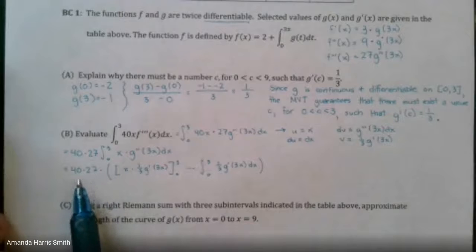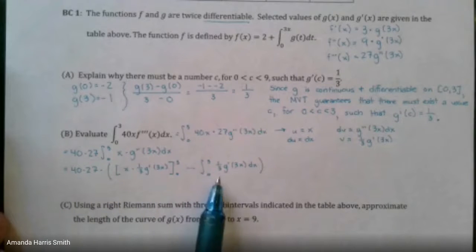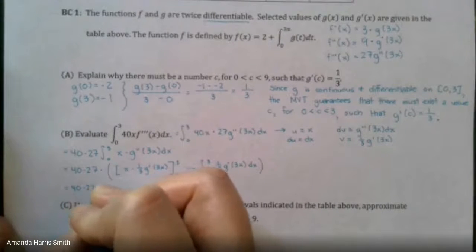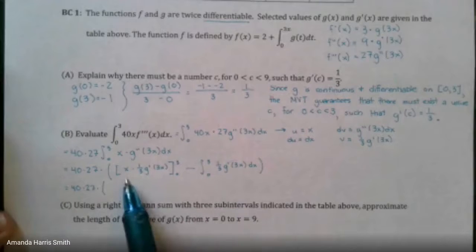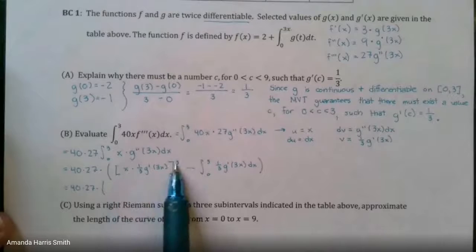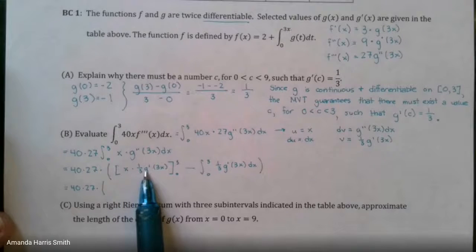All right. Now let's clean up some stuff. 40 times 27 times all this business. I'm going to start working on my f of b minus f of a for this uv part up here in the front. Now, I've got x times 1/3 g prime of 3x.